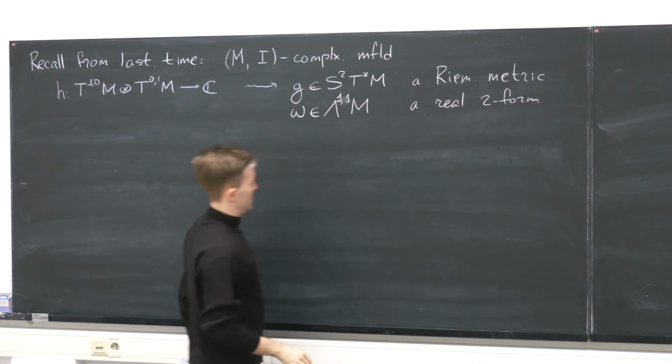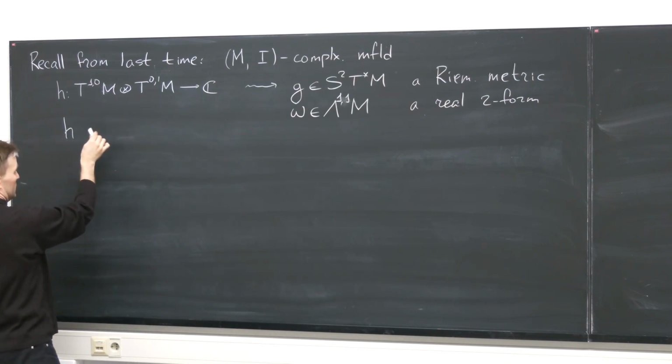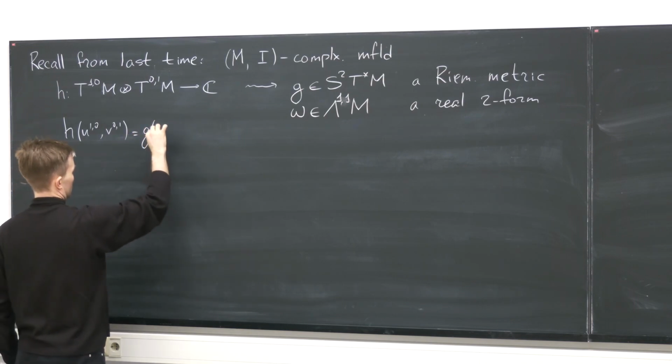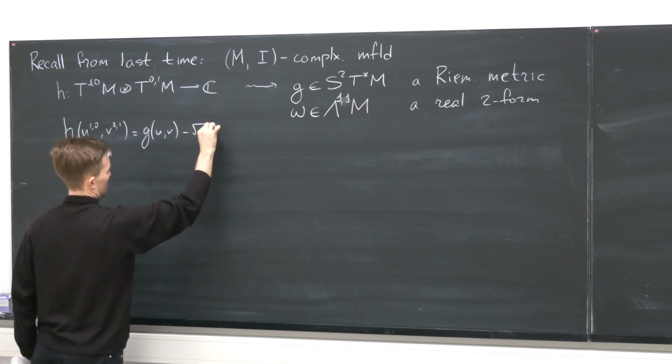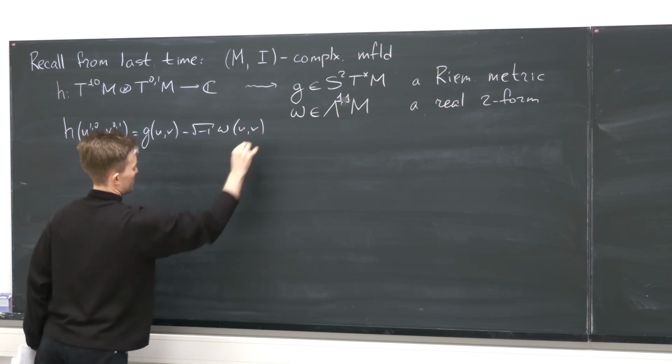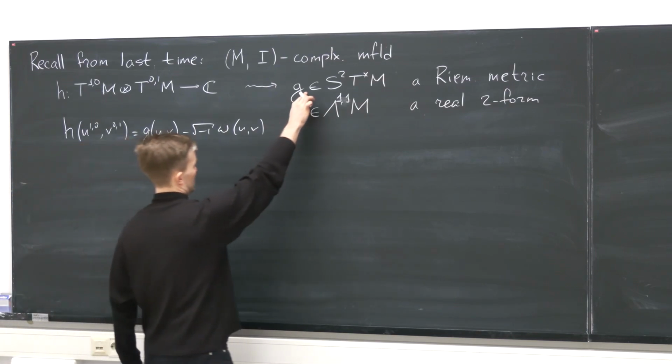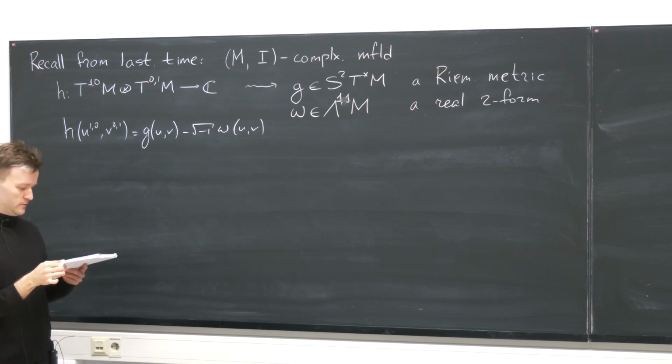So briefly, H was defined using the following identity, for two tangent vector fields U and V. And so we said that this metric H, or the metric G equivalently, is Kähler if this form omega is closed.